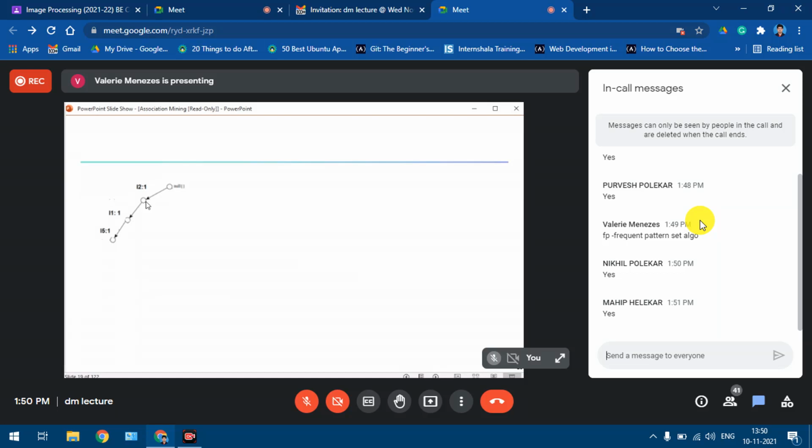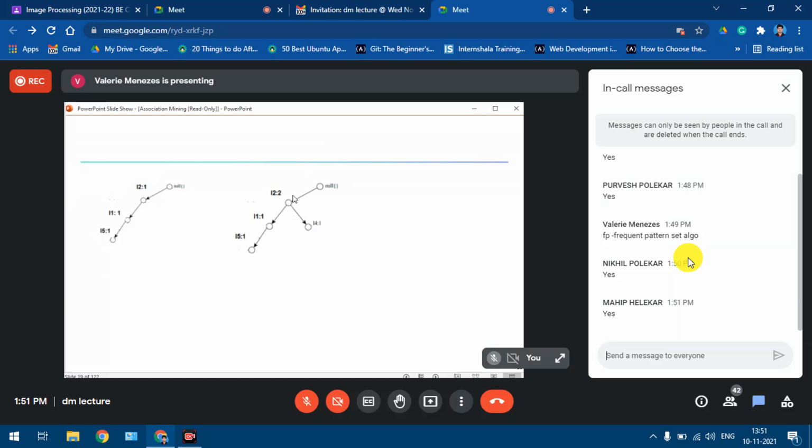Okay, so now what we do is we add a branch from node I2 and we create a new node I4. So I2, I4. Now why is the count of node I2 changed to 2? It is changed to 2 because I2 is now traversed twice, first for the first transaction I2, I1, I5, then I2, I4.